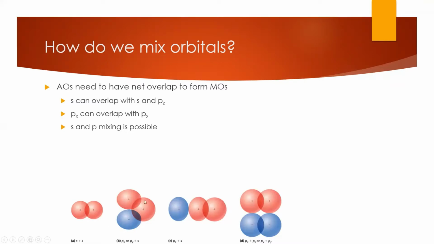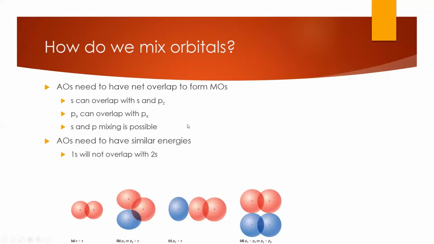So there's no overlap, and we have no combination of orbitals between s orbitals and px or py orbitals. However, the p orbitals can interact with themselves, and the s orbital can overlap with the pz orbital. The z here is chosen to be in the direction of the bond, whereas the x and y orbitals are perpendicular to the bond. That designation is somewhat arbitrary.